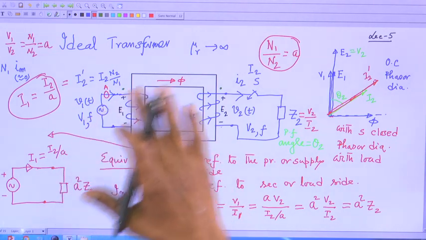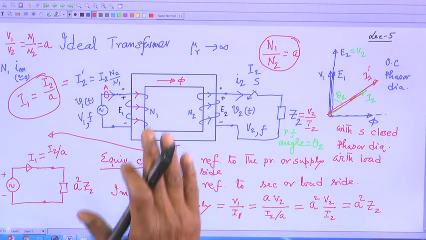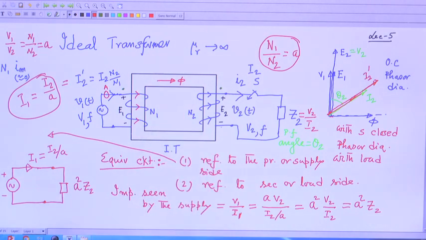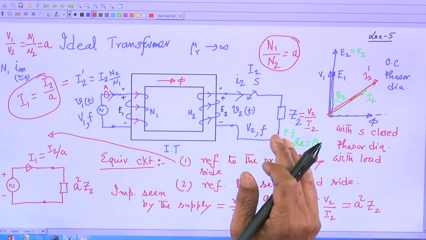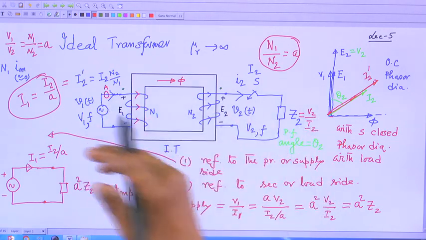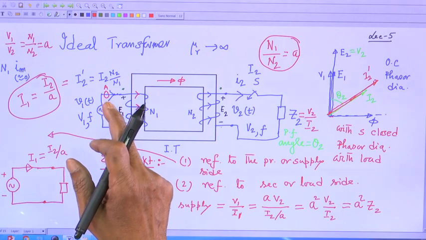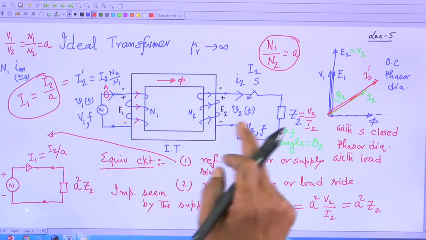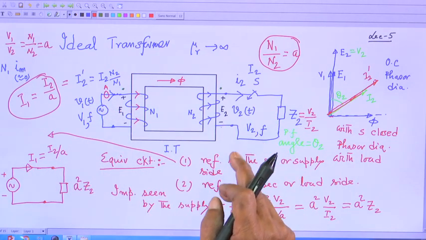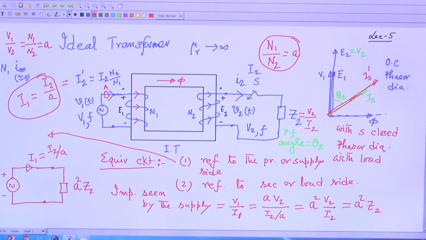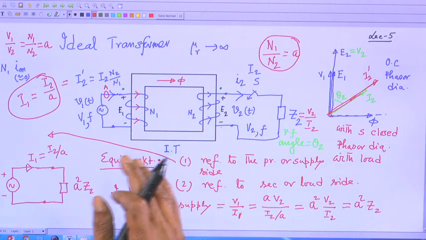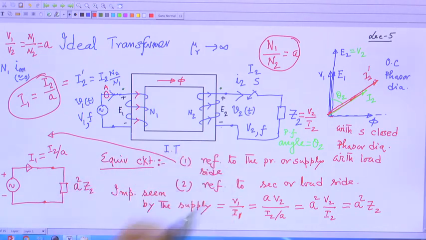To analyze this circuit, you can live with the actual circuit and go by the physical argument, I2 by A, MMF balance, all these things you do, get the current here, get the current there, and power also you can calculate if you like. But here is a nicer way of solving this circuit.